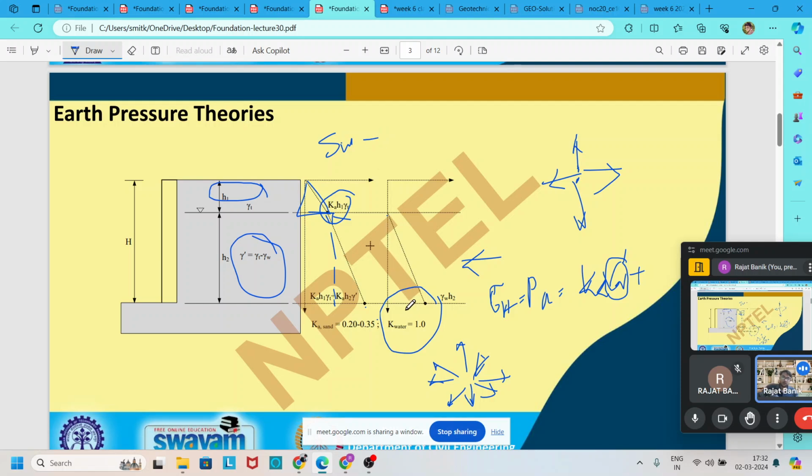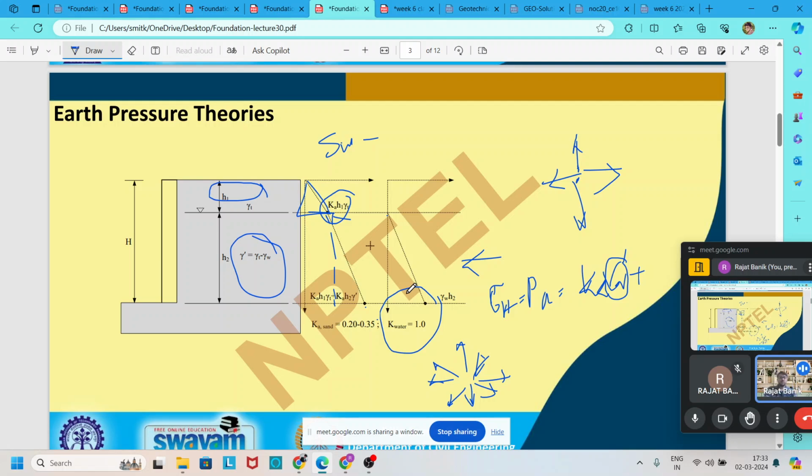But from here to here, water also exerts some extra pressure in the horizontal direction. So we add this, which is equal to gamma W into H2, where the active earth pressure coefficient for water is nothing but equal to 1.